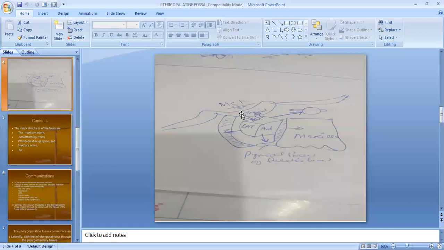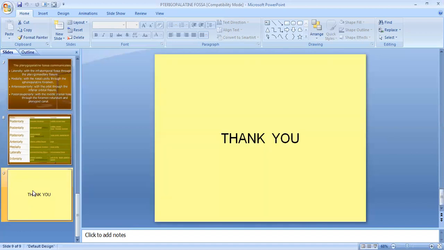This is the posterior aspect through which it communicates with the middle cranial fossa through the foramen rotundum and pterygoid canal. And this is the inferior aspect, and this is the lateral aspect through which it communicates with the infratemporal fossa through the pterygomaxillary fissure. So this was all about the pterygopalatine fossa.